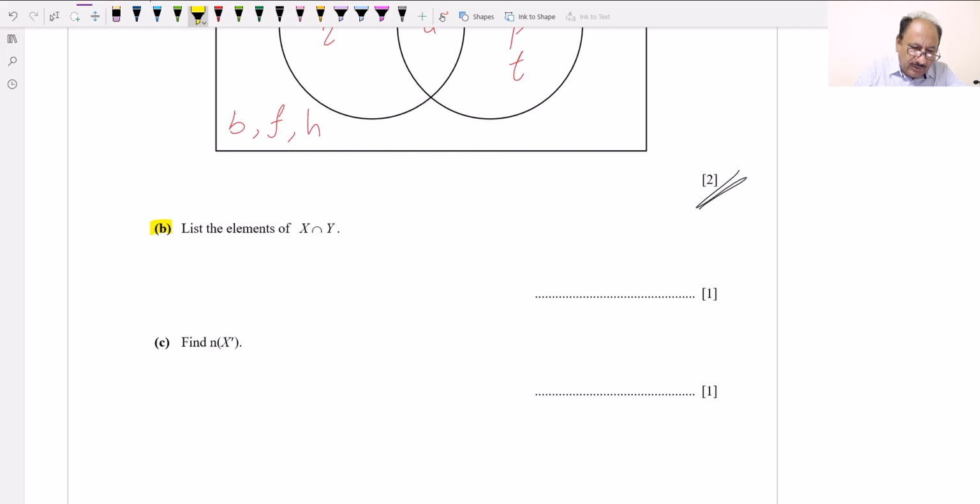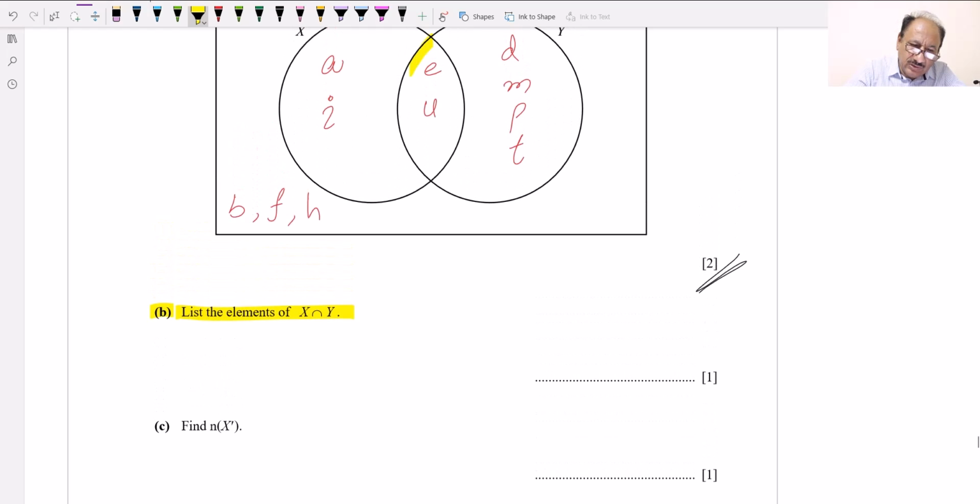Now part b, list the elements of X intersection Y. X intersection Y is this area, which we can see contains E and U. So E and U, we can list here.